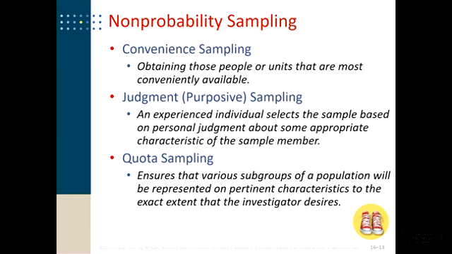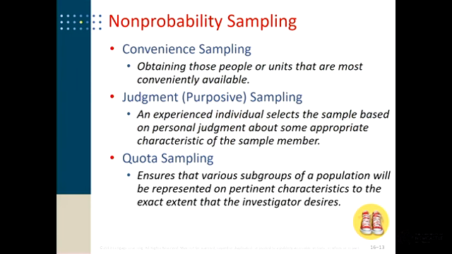First of all is convenience sampling. You know, sometimes when we visit a supermarket or a shopping mall, we see that people are intercepting customers and asking some questions, or giving a short questionnaire and asking, can you answer this? This type of sampling is called convenience sampling.